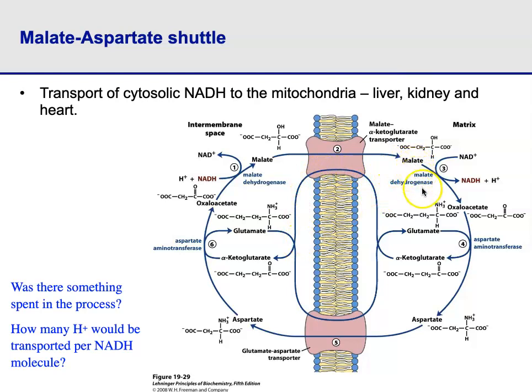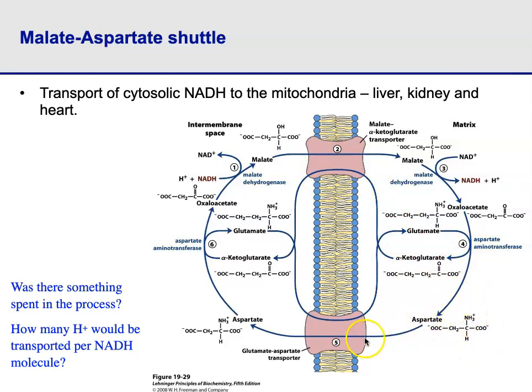Once inside the matrix, the same enzyme, malate dehydrogenase, oxidizes malate to oxaloacetate. NADH is now regenerated, but inside the matrix. The resulting oxaloacetate gets aminated to aspartate by aminotransferase, transferring an amino group from glutamate to oxaloacetate, forming aspartate and alpha-ketoglutarate. Alpha-ketoglutarate goes in exchange with malate, like I pointed out.